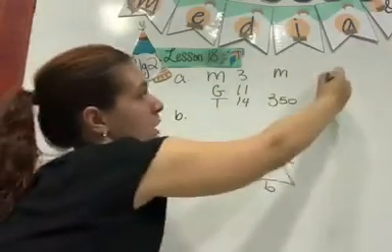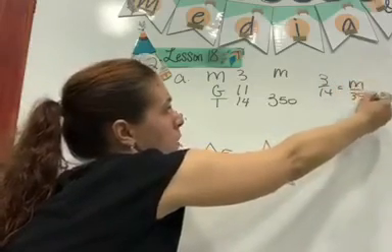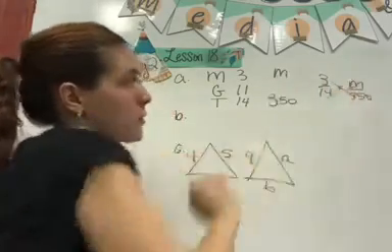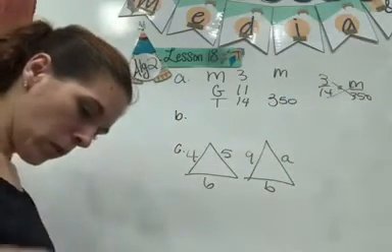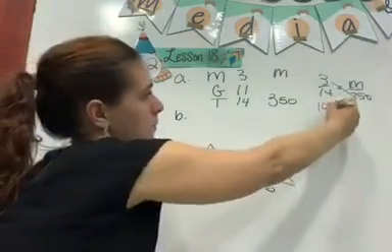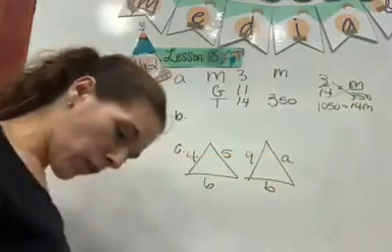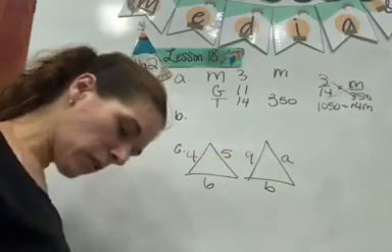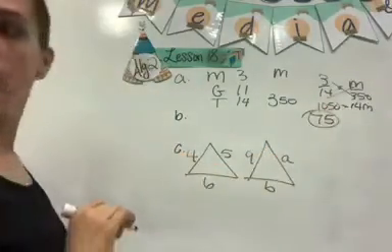So you go 3 over 14 equals m over 350. Crisscross and multiply. So you go 3 times 350 is 1,050 equals 14m. So you divide by 14 and your answer is going to be 75. Woohoo! And that was the answer in the book.